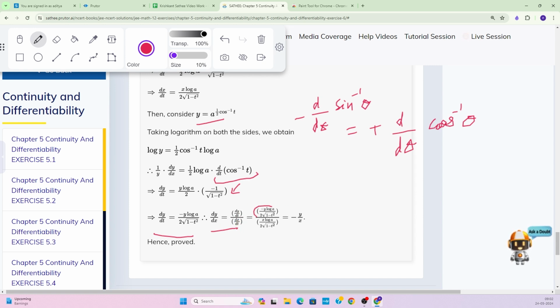Now substitute your values. So log a will be cancelled, 2 will be cancelled, and root 1 minus t square will be cancelled. You are only left with minus y in the numerator and just x in the denominator. So the final form you will get is minus y divided by x.